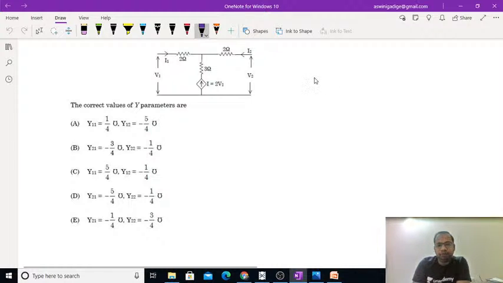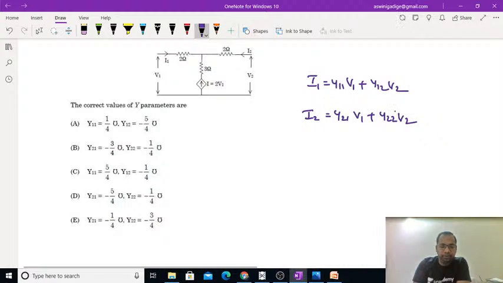First of all, I1 is equal to y11 V1 plus y12 V2, and I2 is equal to y21 V1 plus y22 V2. These are the equations for the admittance parameters.